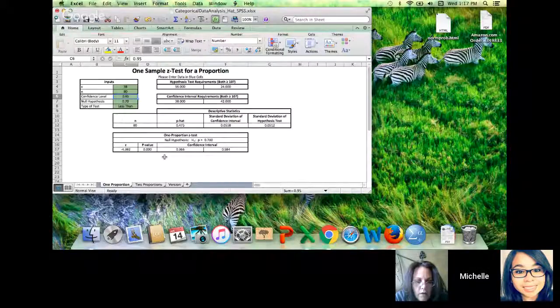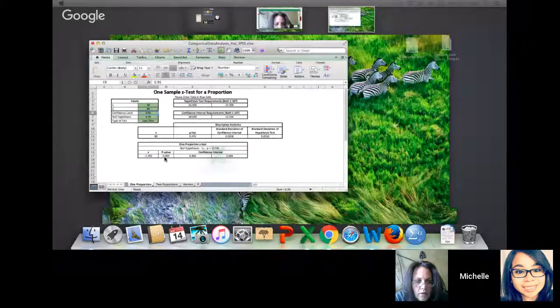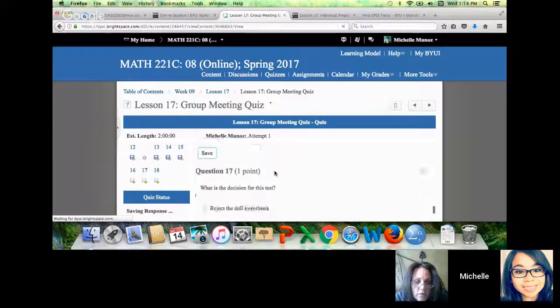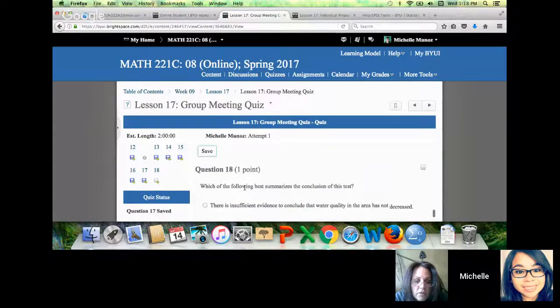Okay, I gotta get back over to my quiz here. So I'll type in my answer. 0.00, and it's less than 0.05. So we're going to reject the null because it's less than, right? I think that's right. And there's sufficient evidence to conclude that the water quality in the area has decreased.